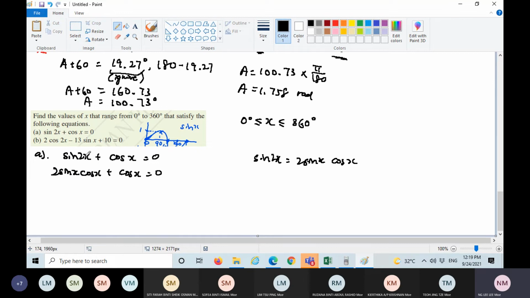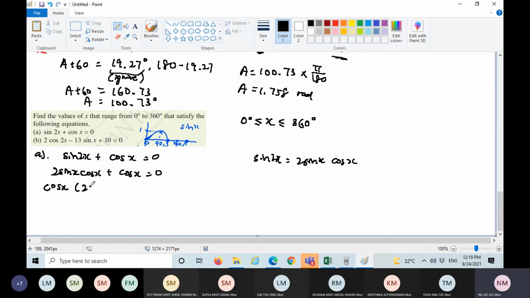This is because here 2x, here x, we cannot solve. If this cos x were not there, then we can solve. So no matter what, this 2x we have to change in terms of x. This is the reason. Now you see, next, the cos x and cos x, you can factor out.